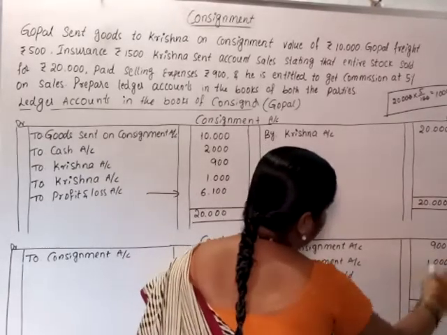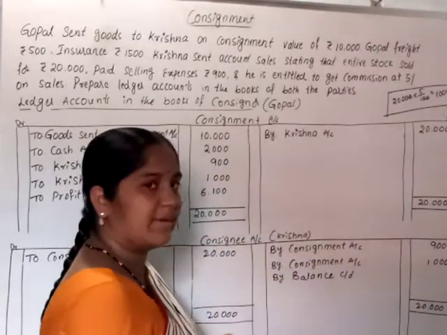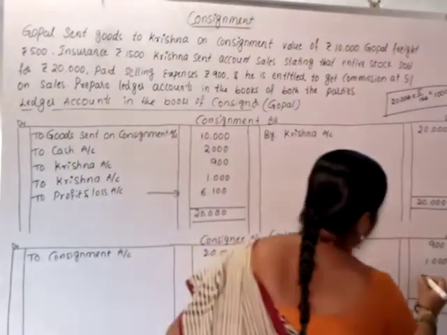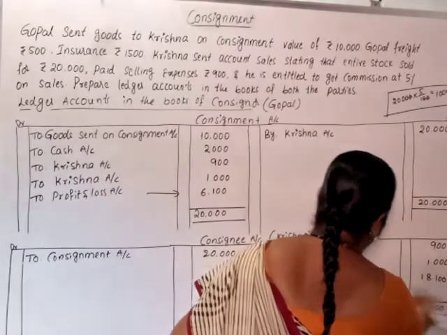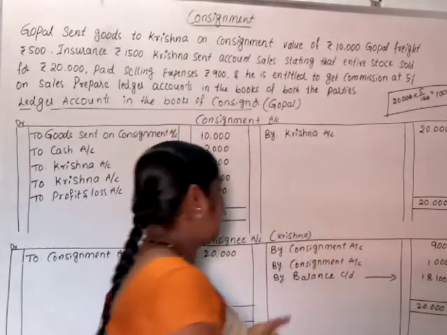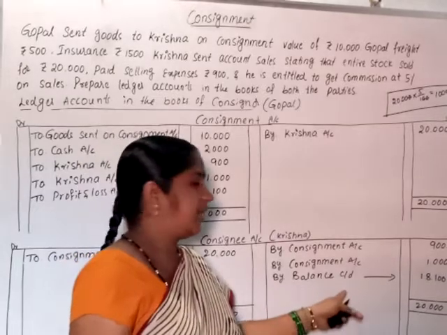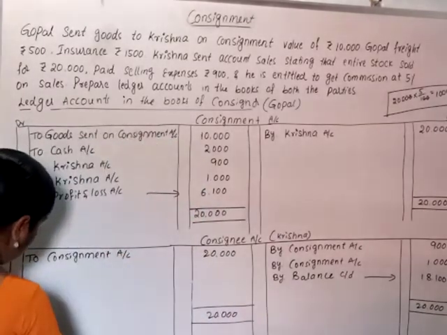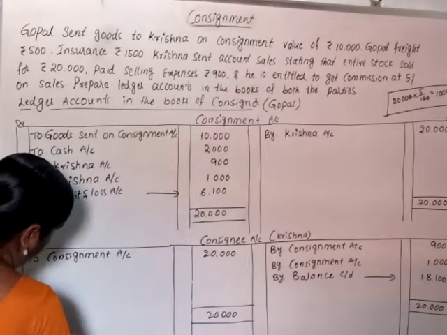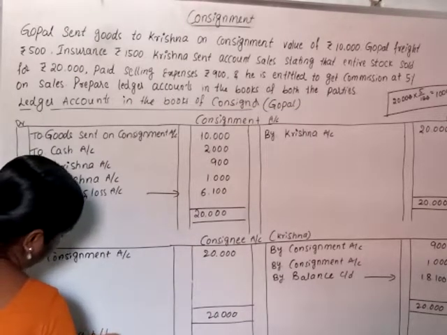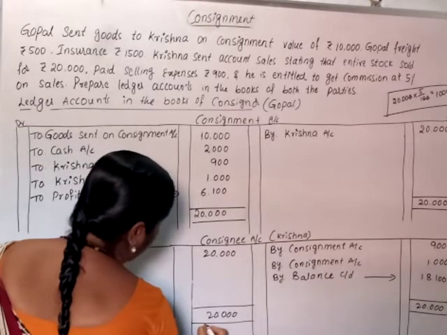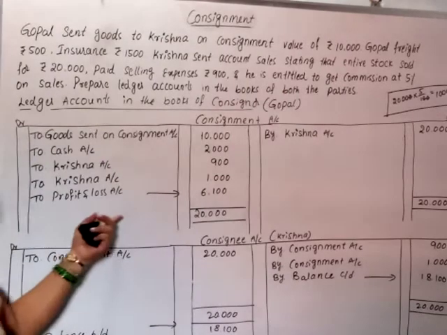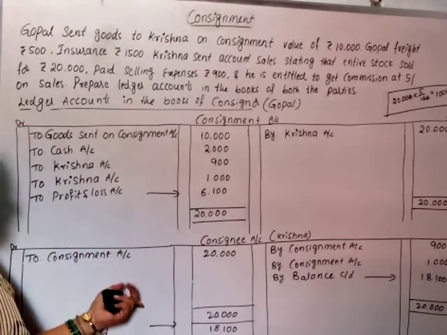So 20,000 minus 1,900, if you deduct the 1,900, it becomes 18,100. This is the balance amount with the consignee and this amount is sent to the consignor. Okay, and write here to balance brought down, 18,100. Okay, this is the consignment account and this is the consignee account.